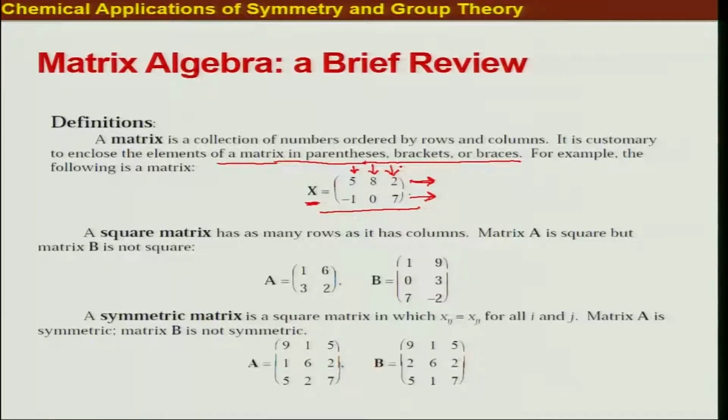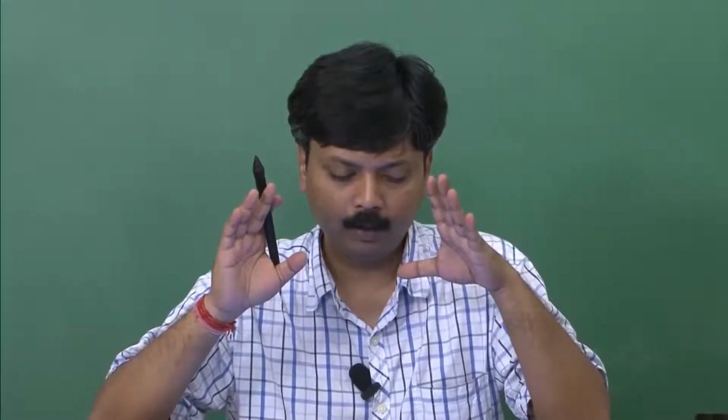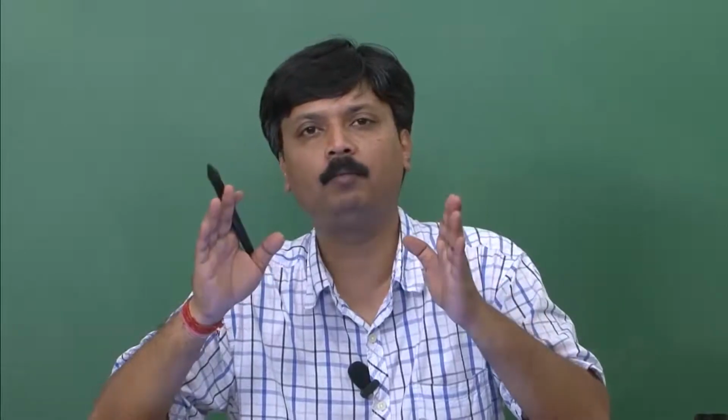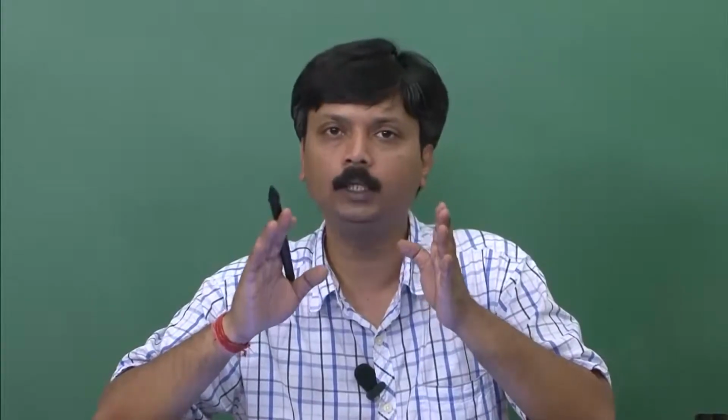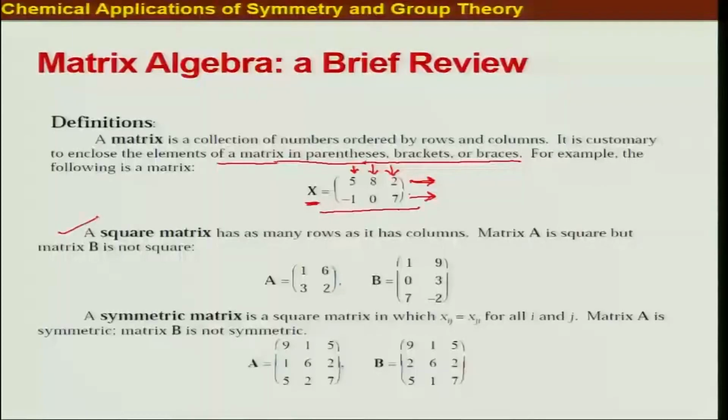Now, this is a general example of a matrix. If a matrix has n number of rows and n number of columns, that is, the number of rows and columns are equal, then we call that matrix a square matrix.